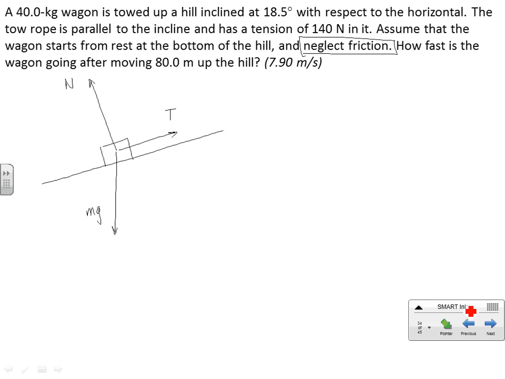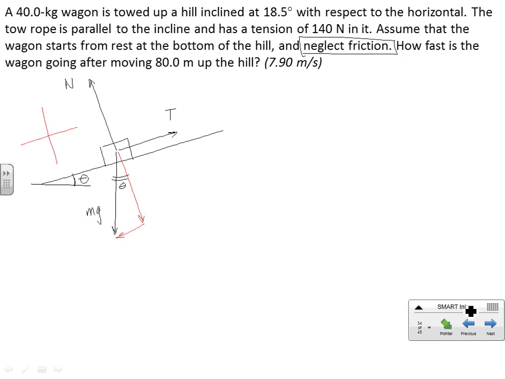Now that we're using axes that are parallel and perpendicular to the direction of motion, let's break our mg up into components. And like we said earlier today, the angle of inclination there is the same as the angle on the top of that triangle. Notice I haven't really read the question yet. All I've read is the situation, and that's enough to start.